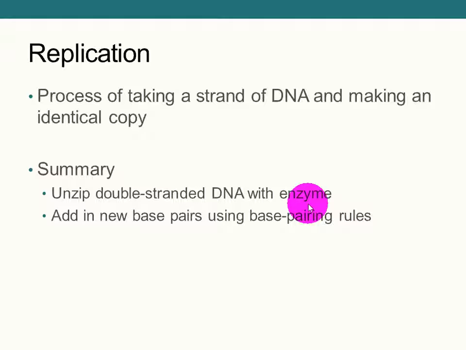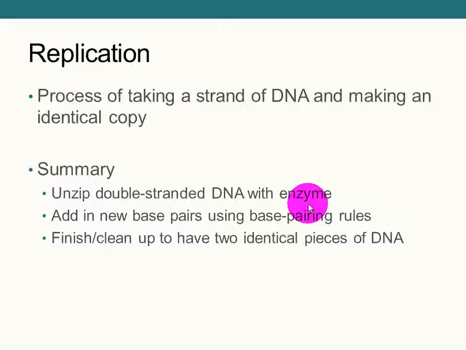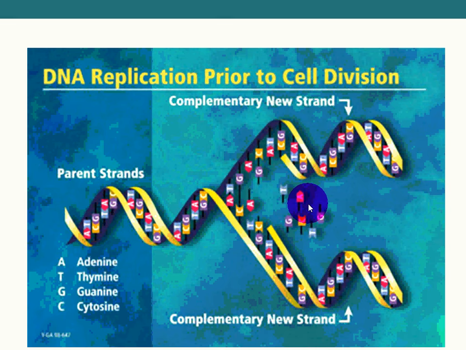Remember, enzymes are proteins in our body that carry out chemical reactions. And the enzyme is going to notice it has a naked half. So the enzyme is going to add new base pairs in. And then anything gets tidied up, cleaned up if there are any errors, and we get two identical strands of DNA. This is a very basic diagram of what's going on.